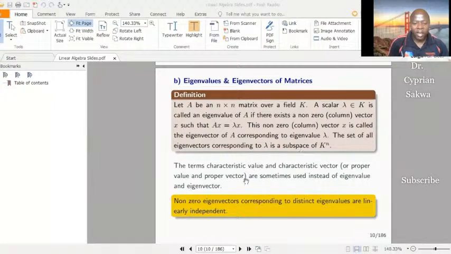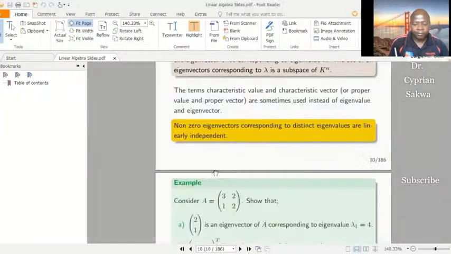We can also use the words proper value and proper vector respectively when referring to eigenvalues and eigenvectors. Now, what I've written here is very important: eigenvectors corresponding to different eigenvalues will be linearly independent. Let us look at the example.